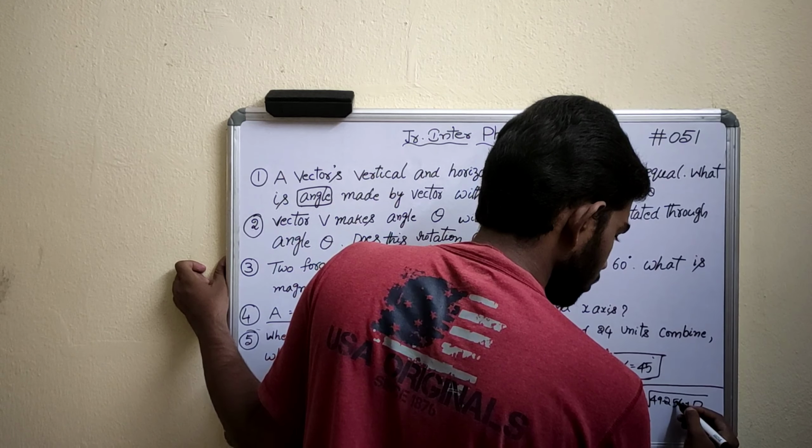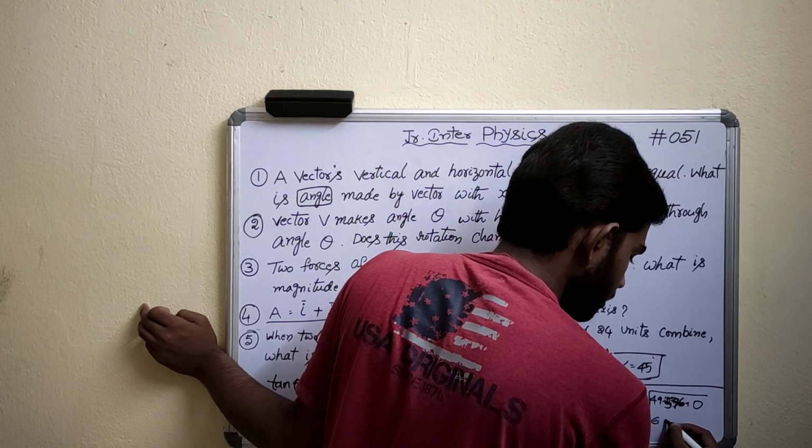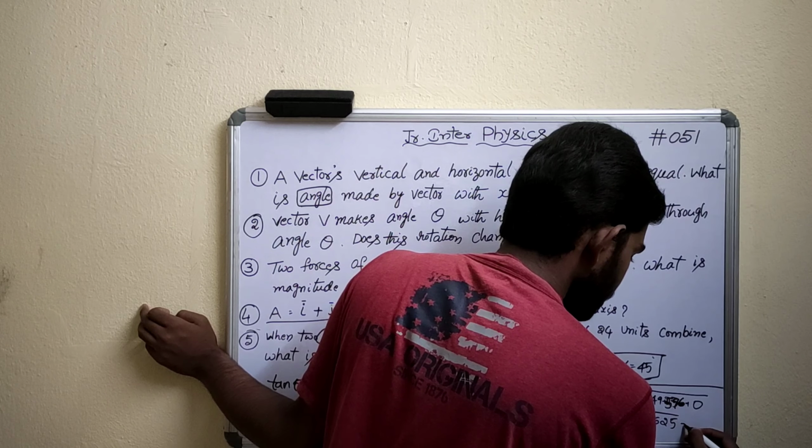So 49 plus 576, that is 625, root of it is equal to 25 units.